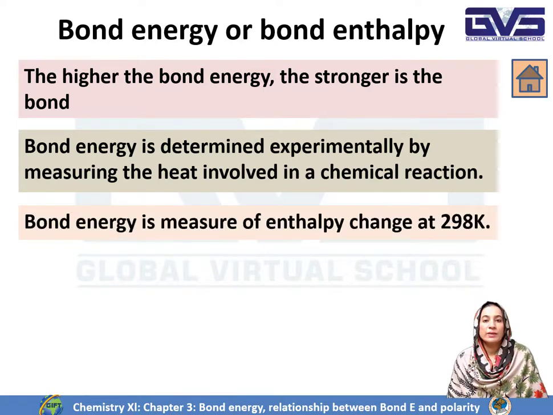The bond energy is measured at 25 degrees Celsius, the standard temperature, or 298 Kelvin. If it is in Kelvin, you write 298; if it is in Celsius, 25. If we measure this at a higher or lower temperature, the bond energy values will change. So the standard temperature at which the enthalpy is measured is 25 Celsius or 298 Kelvin.